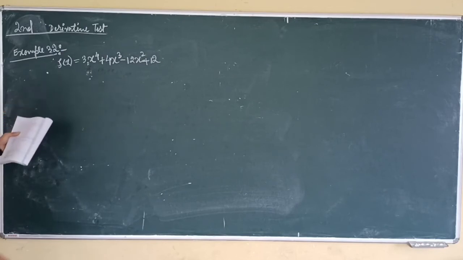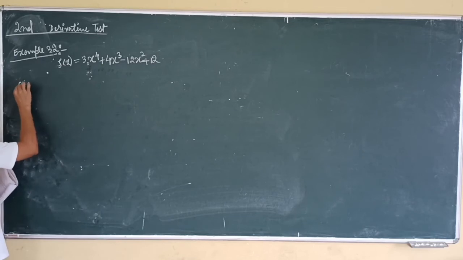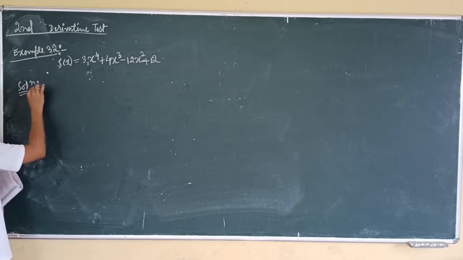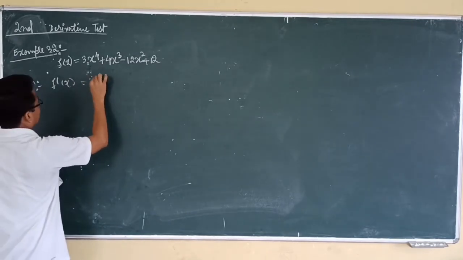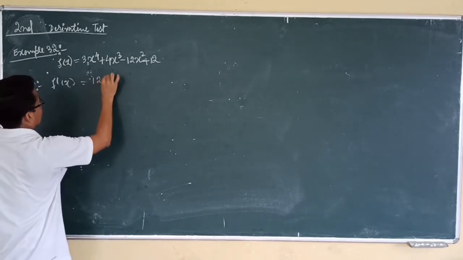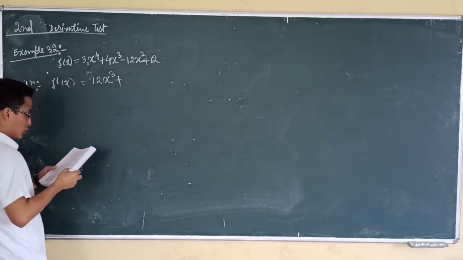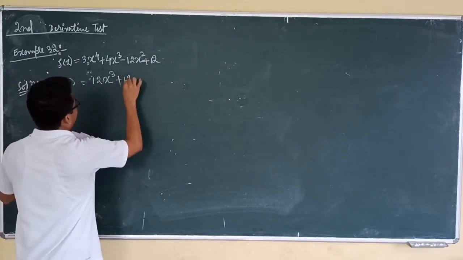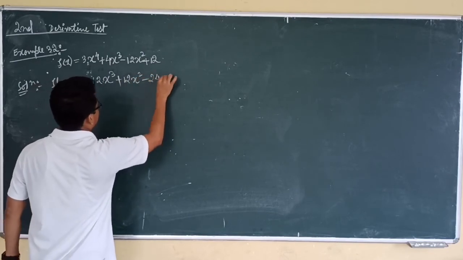So let's see what we can do. We are doing f dash x. f dash x is 12x to the power 3 plus 12x square minus 24x.